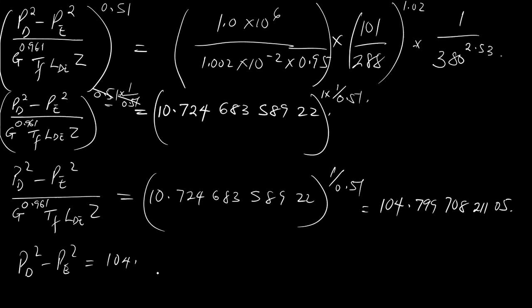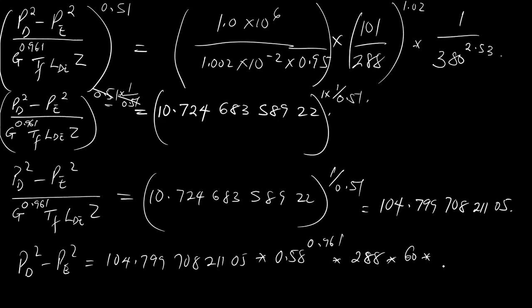104.799 708.211.05 times G, which is 0.58 raised to power 0.961, times TF, which is 288, times DL, which is 60 kilometer, times Z, which is 0.88.